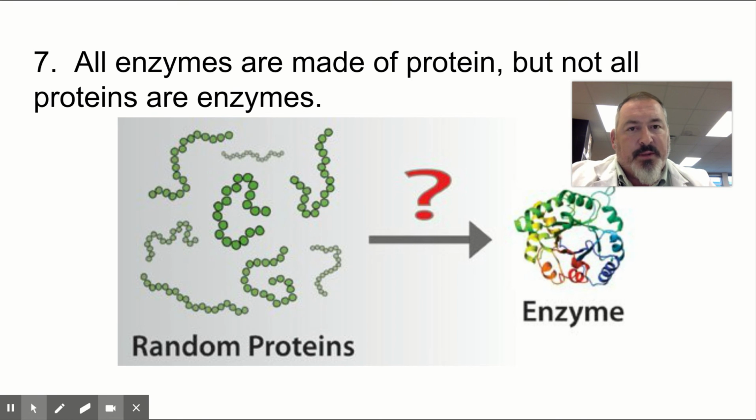So let me just make sure you get it. Proteins include things like collagen in your skin, fingernails, spider webs, antibodies, but it also includes enzymes. All of those are proteins, but one of those categories would be the enzyme. So this is just to show you that all enzymes are protein, but not all proteins are enzymes.